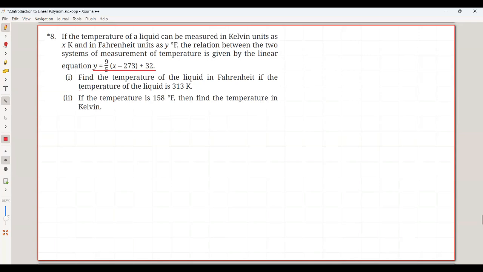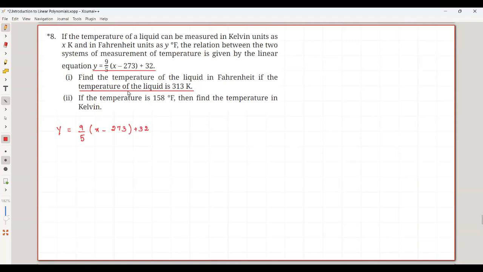The temperature of the liquid is given as 313 Kelvin. First, you just write the equation. The linear equation is given: y is equal to 9 by 5 into (x minus 273) plus 32.